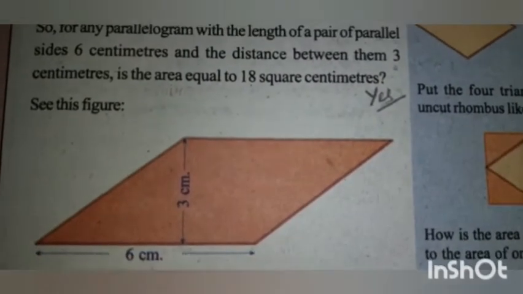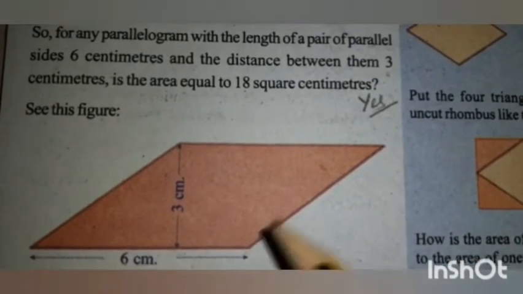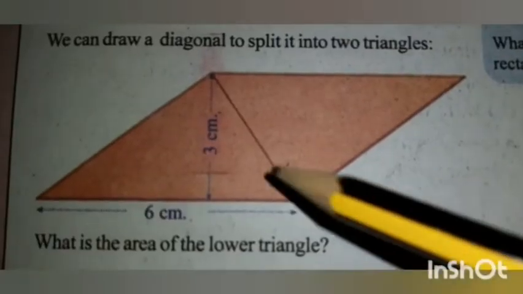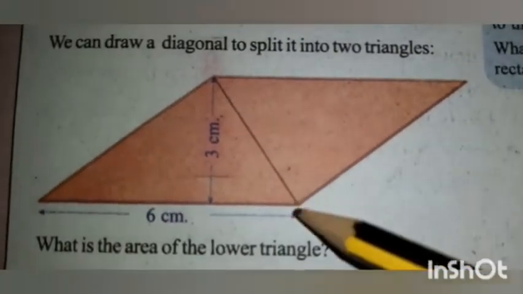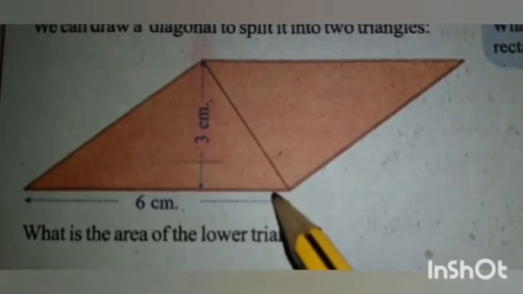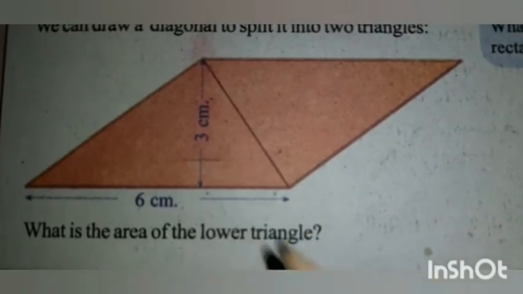If we split by drawing a diagonal, we will get two triangles, with a base length 6 centimeter and height 3 centimeter. What is the area of this triangle?